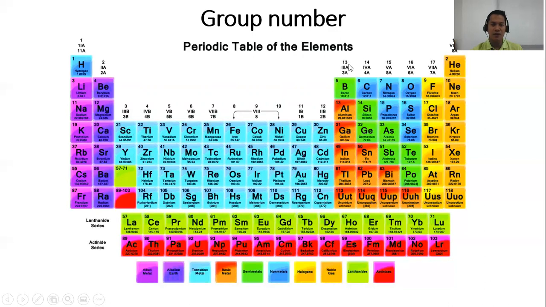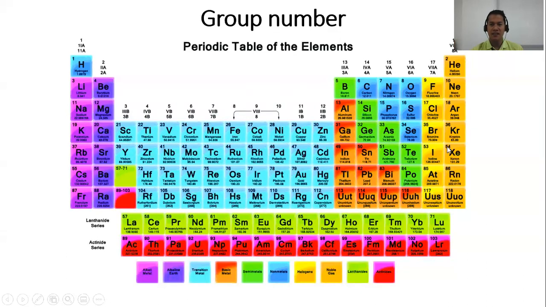Group 3, or in this periodic table, it says 13. So this is 3. Then 4, all this, 5, 6, 7, 8. And again, let's take a look. Group 8 has full valence electrons.